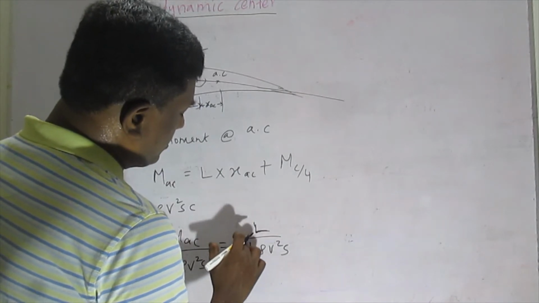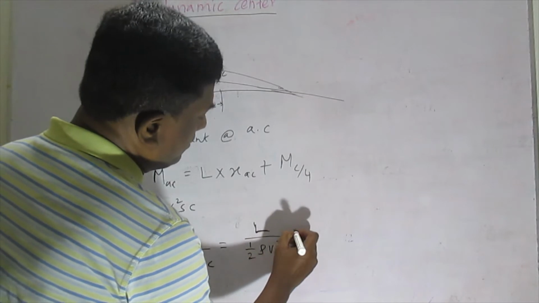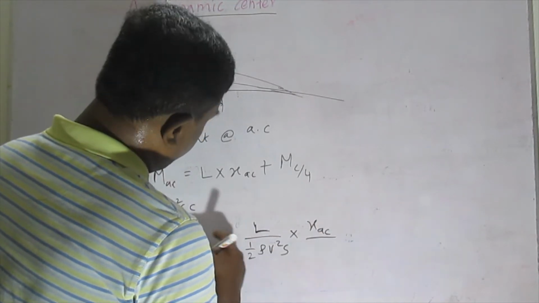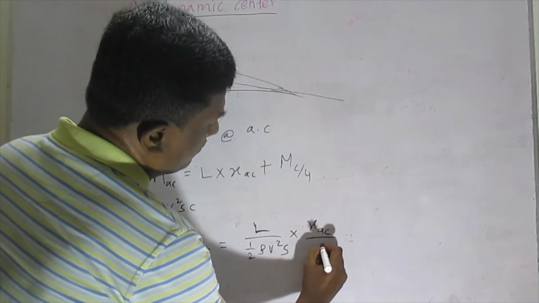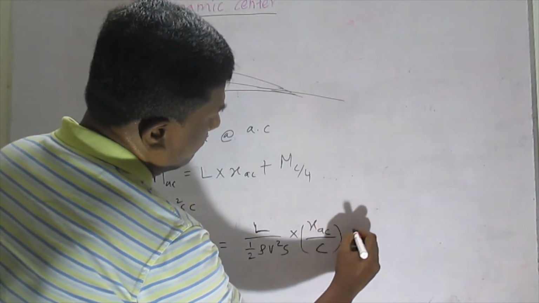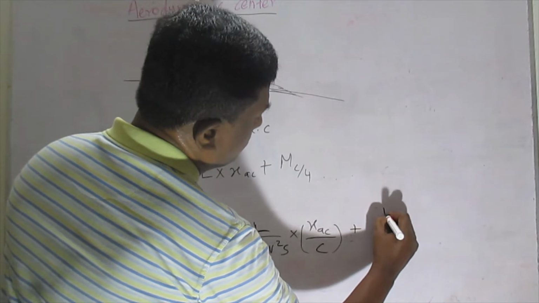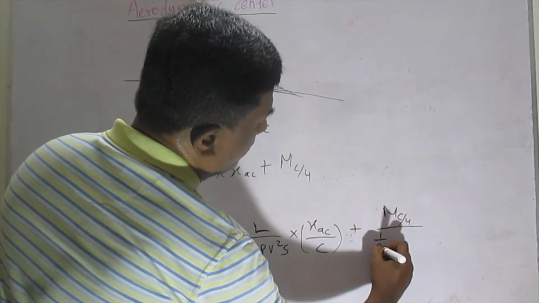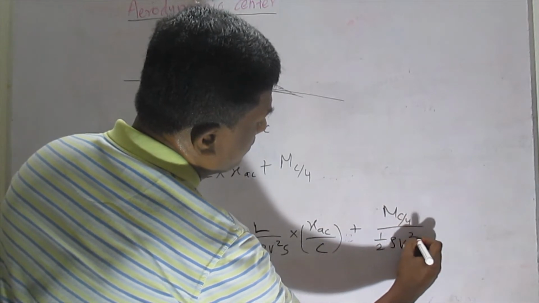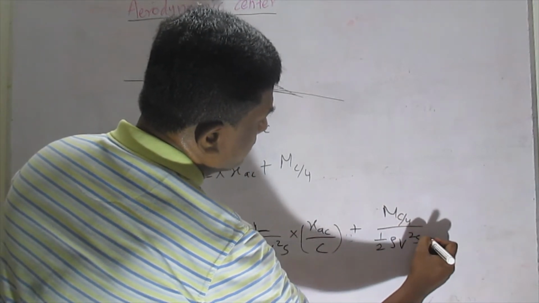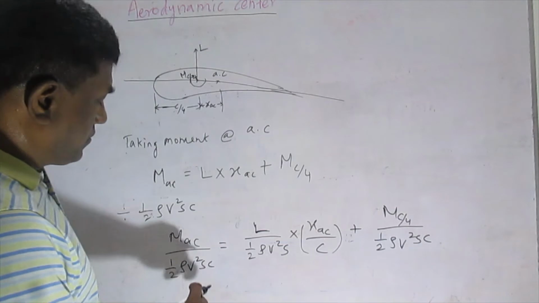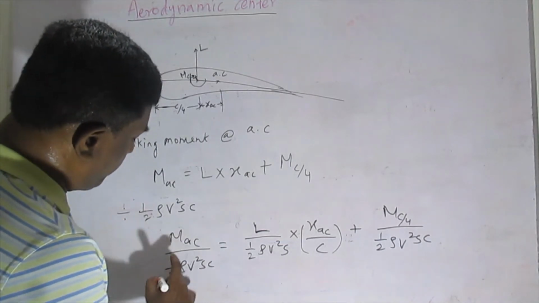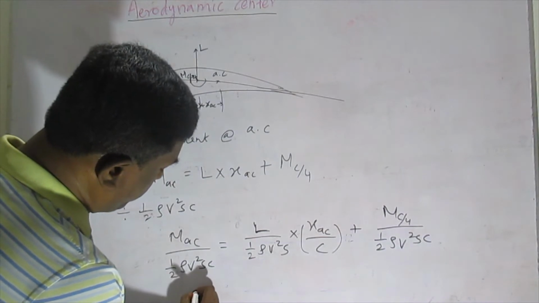So lift by this becomes the lift coefficient into XAC by the chord length, plus MC/4 by half rho V square S c. And this will become CMAC.